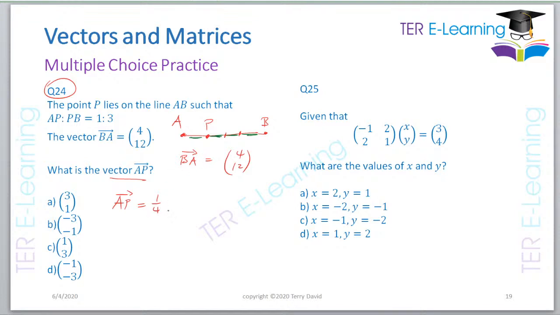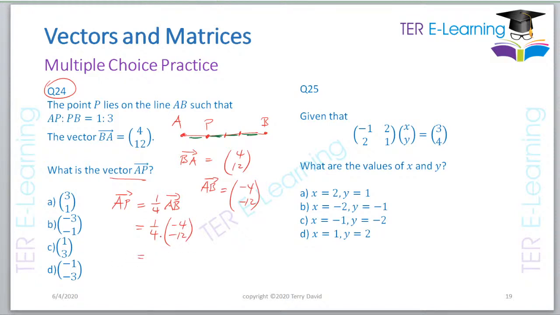It's really a quarter of AB. That's just based on how it's divided up. Now if you know the vector BA is (4, 12), it means that AB, which is in the opposite direction, is going to be (-4, -12). So therefore this is going to be a quarter multiplied by AB, which is (-4, -12).